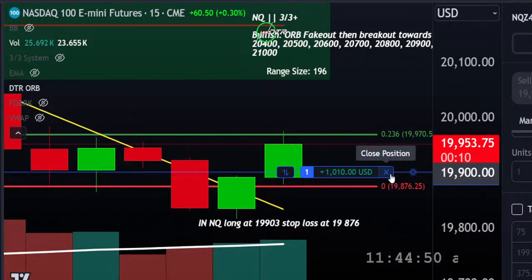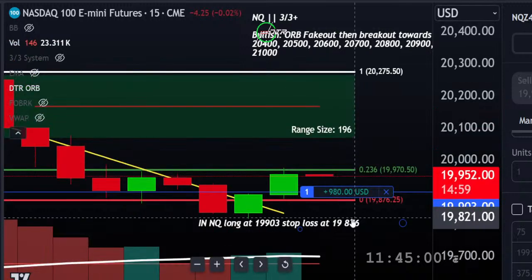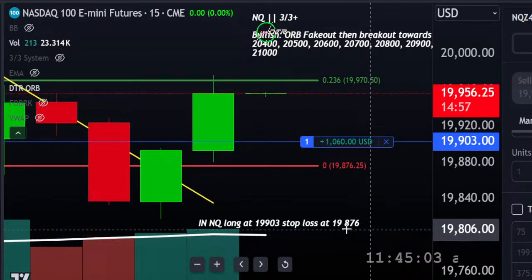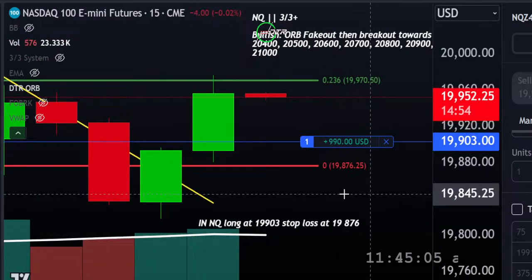If it can't hold 50, I'll be out. Okay, held, and it held on increasing volume. So this is technically an opportunity, right, to look to build into a bigger position.